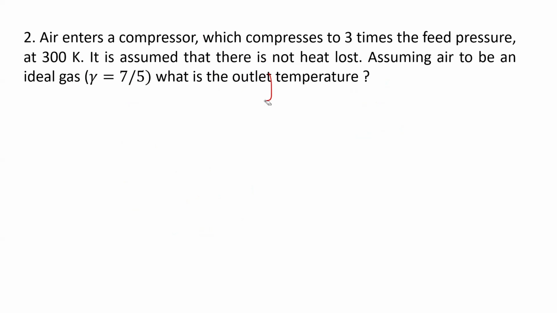Now, coming to the second question, we have a compressor which compresses to 3 times the feed pressure. Okay. We have a compressor, inlet pressure is P1 and outlet pressure is P2. And P2 is equal to 3 times P1. It enters the compressor at 300 Kelvin, so T1 is equal to 300 Kelvin.